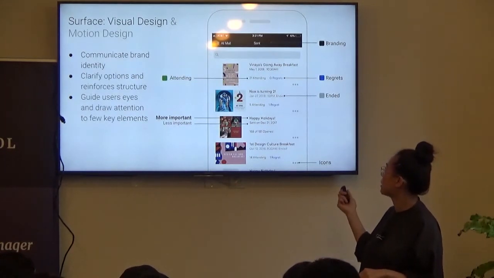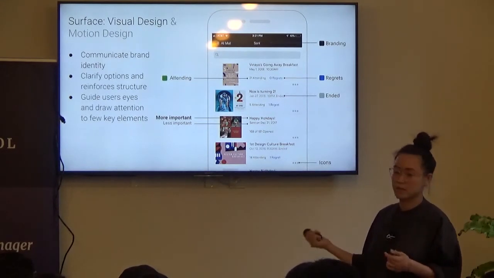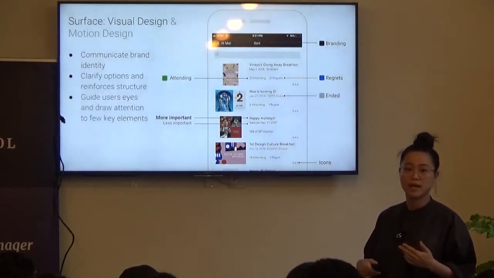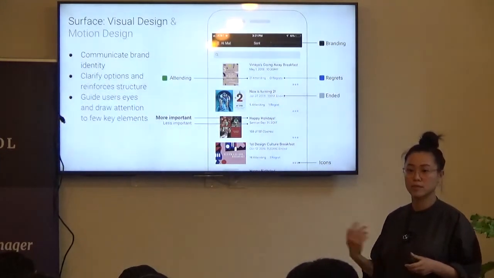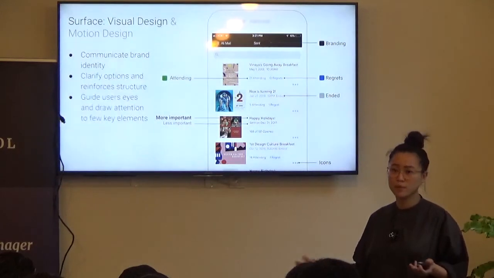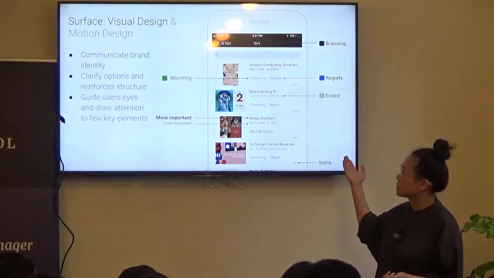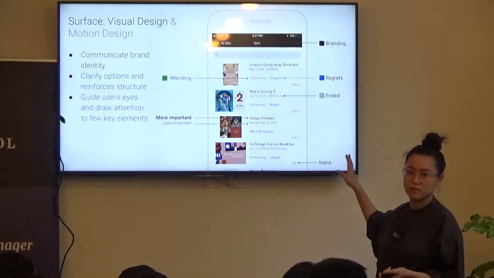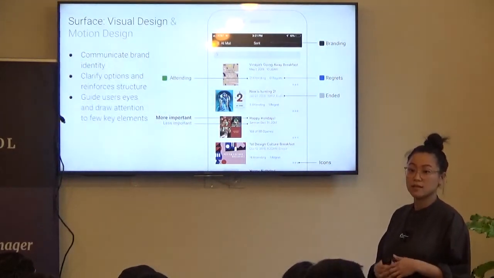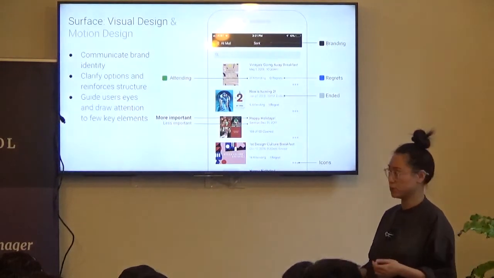This page is where a host may look at their events, tracking how many people are coming and how many people aren't. The first thing they really want to know is how many people are coming. So that's why we would put color in attending and regrets, so that's the first thing they would see, and then click in to do more.